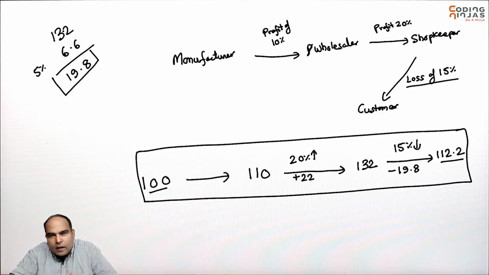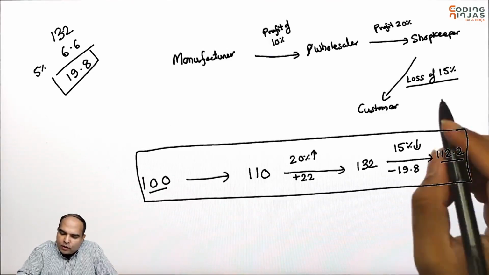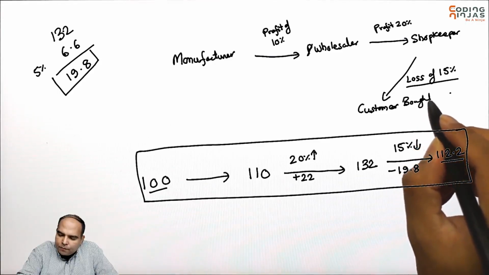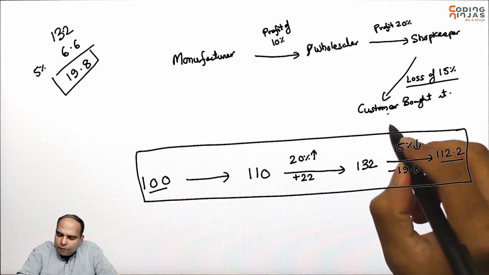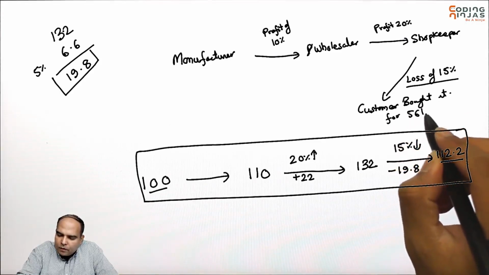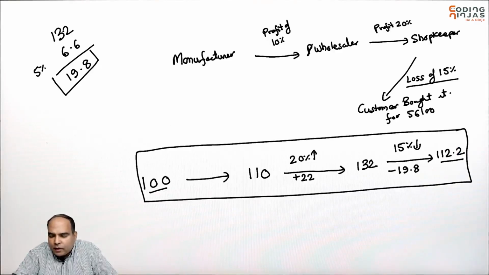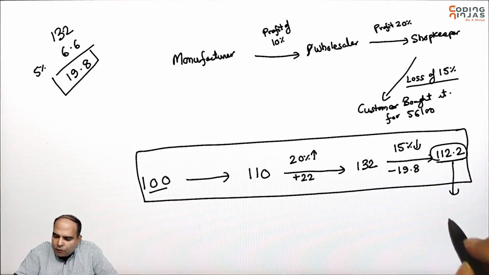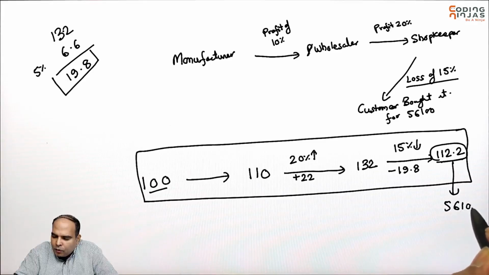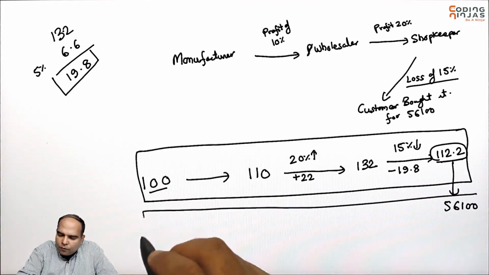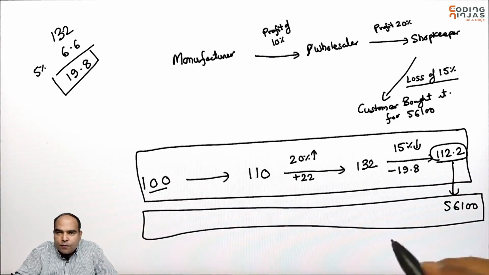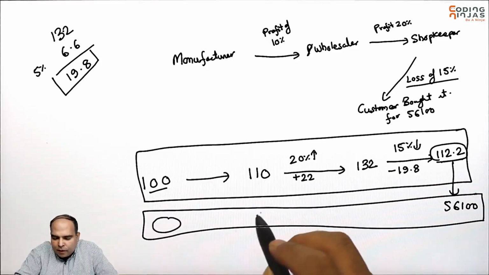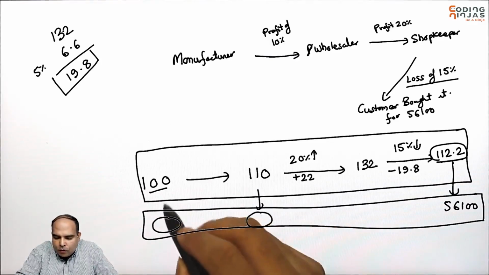But in case I give you a value, suppose in this question it is told to you that the customer bought it for 56,100. In that case, 112.2 would correspond to 56,100. Use the multiplier logic I told you at the end of the previous lesson, where you should realize that there is a multiplier which is constant between all these numbers.